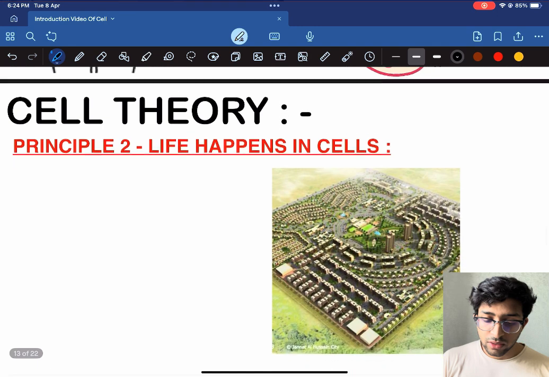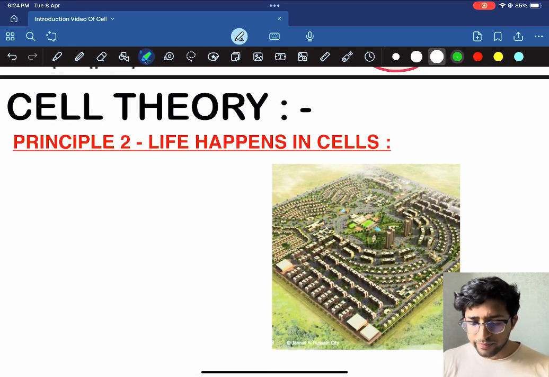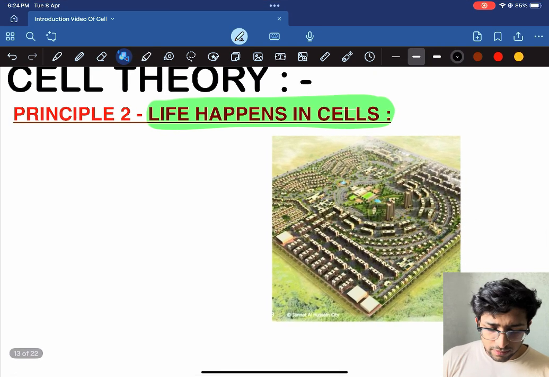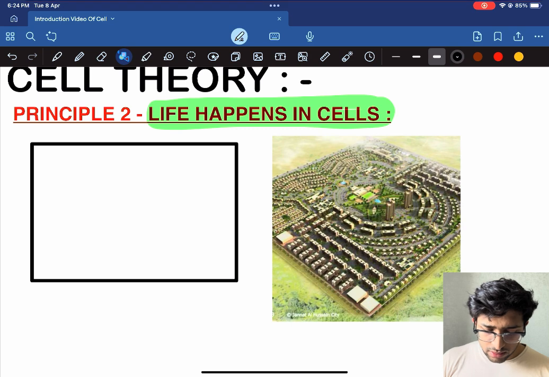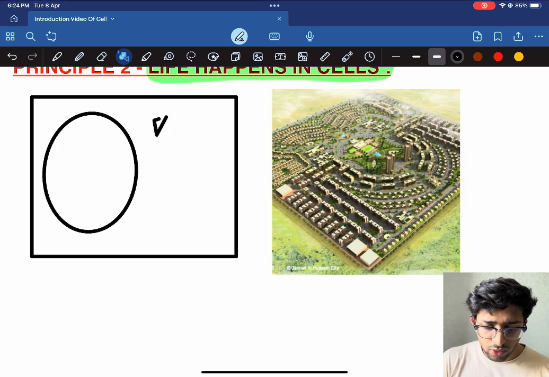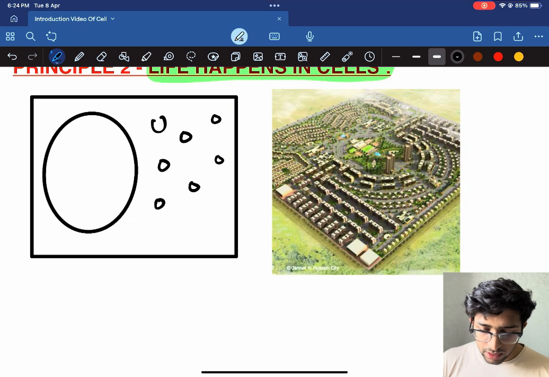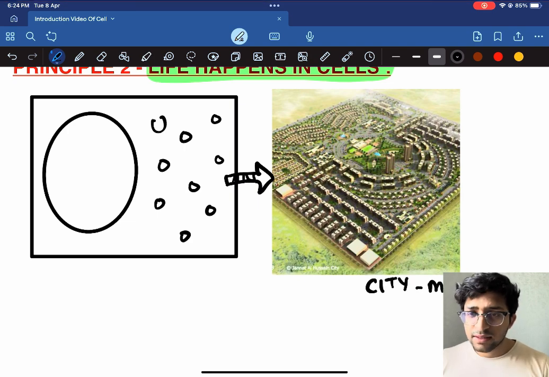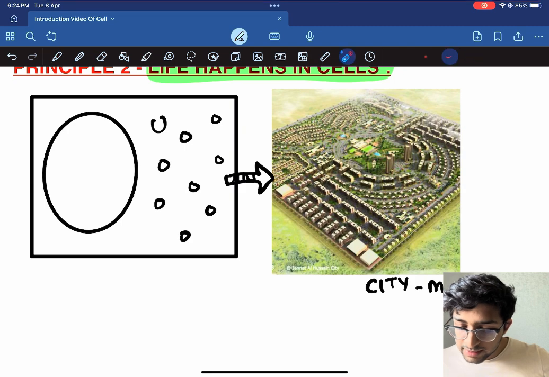The second principle was that life happens in the cell, right? It seems like a very confusing statement, so let's draw a diagram. Suppose this is a cell, and this is a nucleus, and these are small dots. Just imagine it as a city map. In the city map, there are a few small buildings, like a police station and a park.